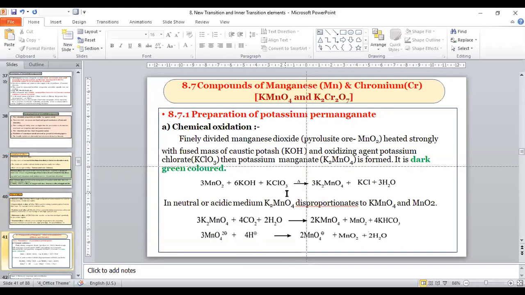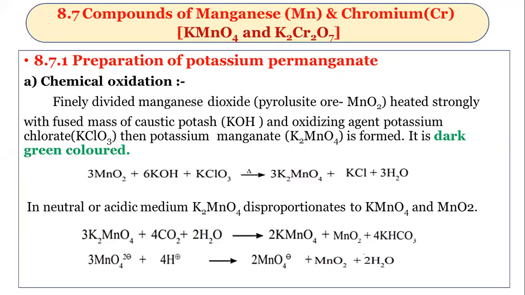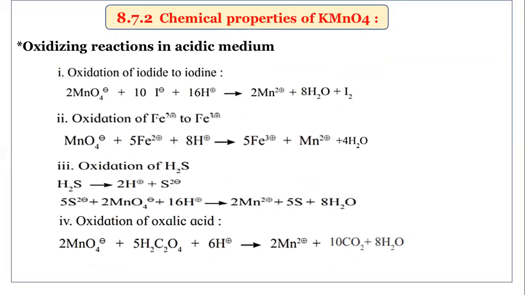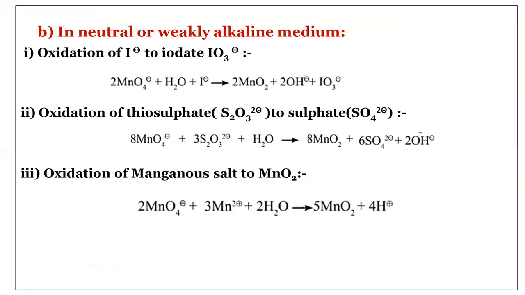That's why I have given it for students preparing for different competitive examinations. Those preparing for the board examination, do not refer to these slides. In 8.7, the compounds of manganese and chromium are not asked. Again on the next slides, these properties are also non-evaluative.